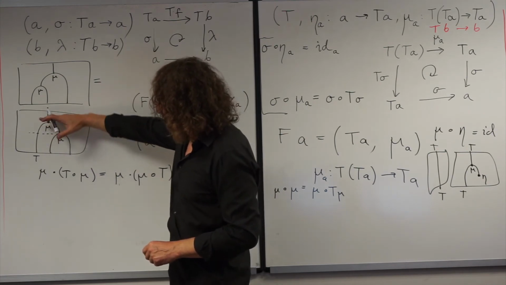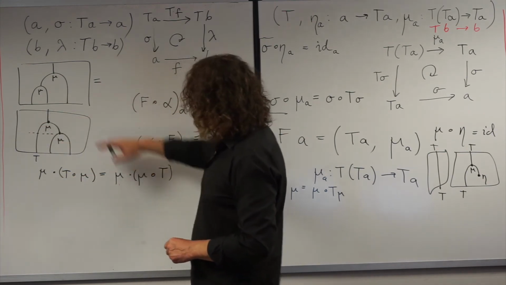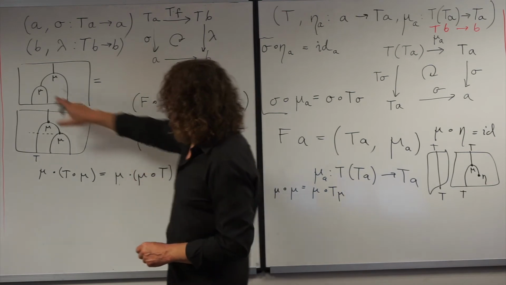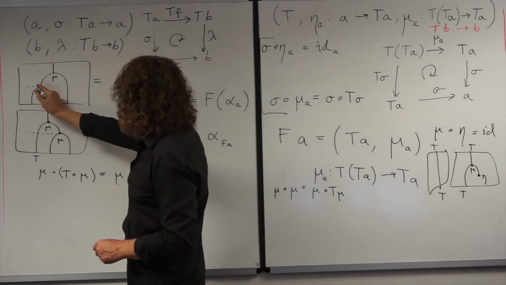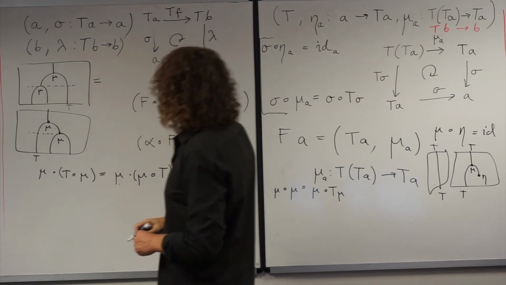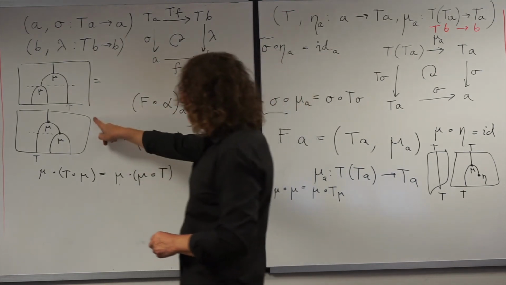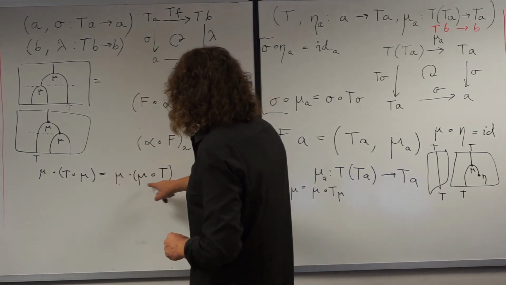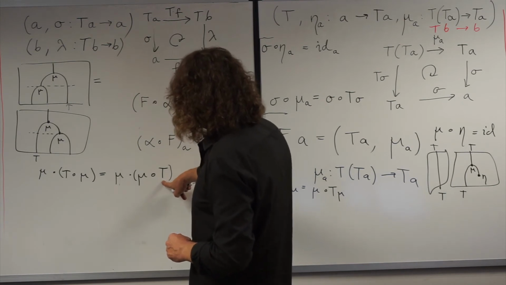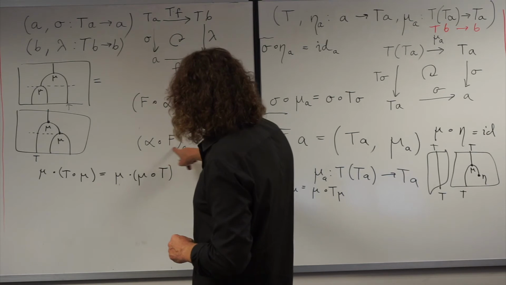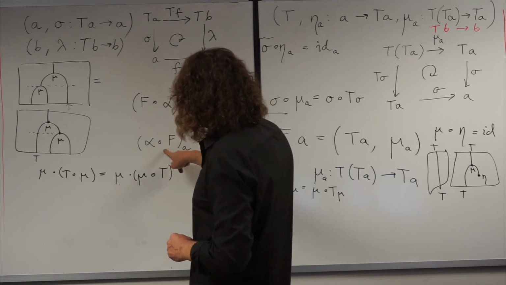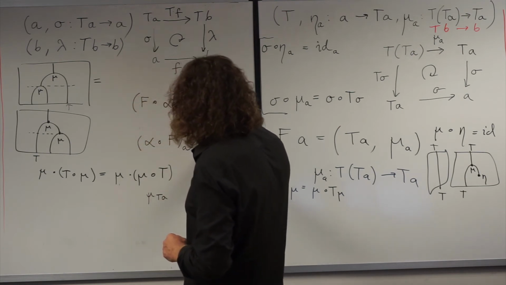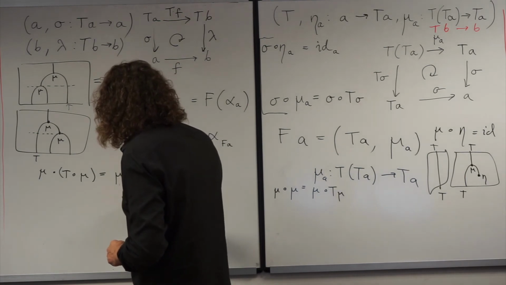Then you follow it with vertical composition. And here is the other one. Because this is mu and this is T. So that's the monad law. Now if you look at mu times T, if you look at the component of this, this is just mu at TA, and it's combined with mu A.